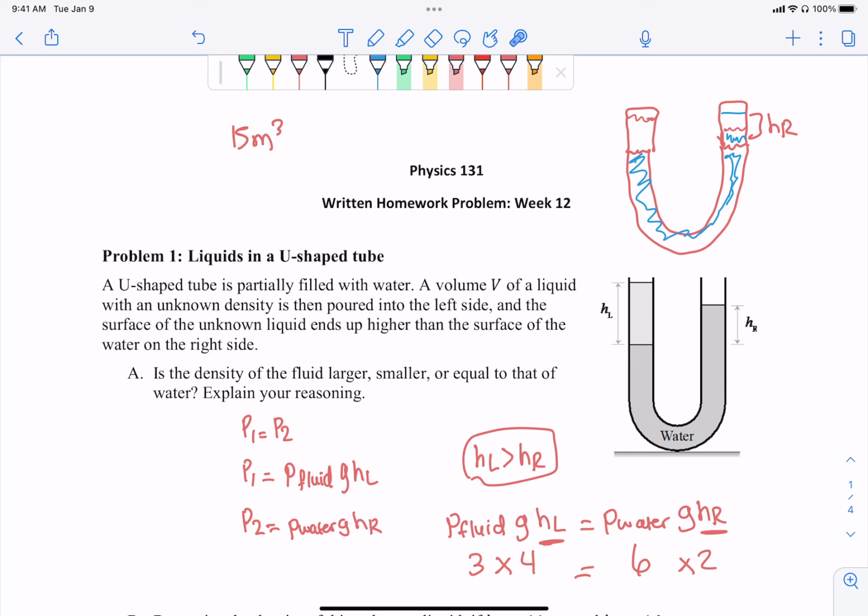Because, like I said at the beginning, you start off with the water in this U shape right here, right? So if I'm adding this liquid, it's going to be a specific amount taking up a specific height.